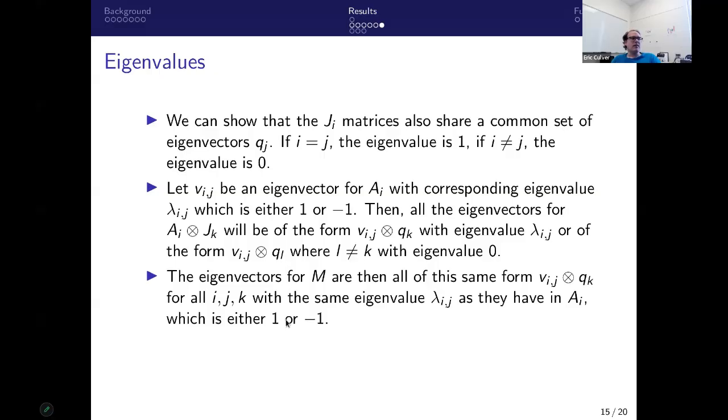And so the zeros occur in the places where we have non-zeros with the other J's. And so we just end up with 1s or -1s. And so M has only 2 distinct eigenvalues, the 1 and the -1. And so that is how we prove that.